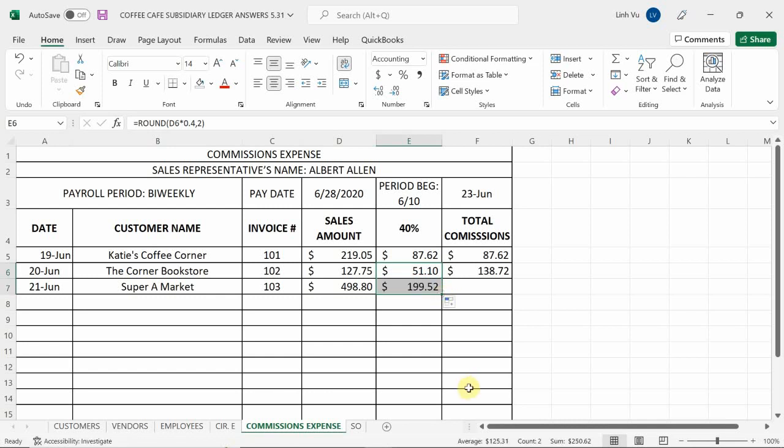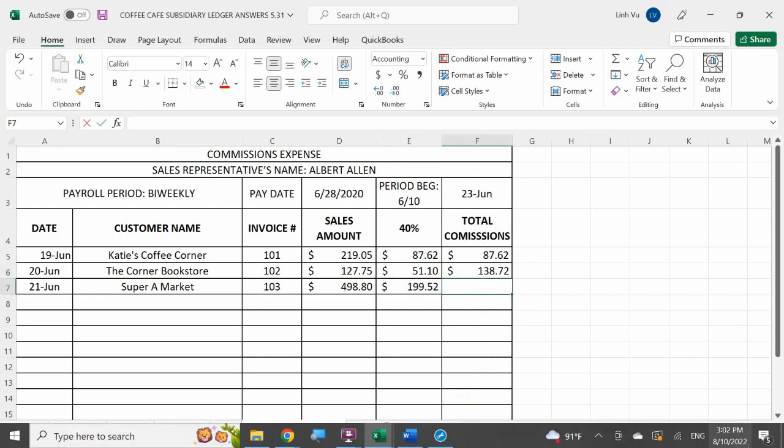Good. So now his commission is 338.24 in total. 338.24 is what I currently owe. Or in this case, I keep referring to myself as Bob. As we owe Bob $338.24, because Albert's doing such a great job.